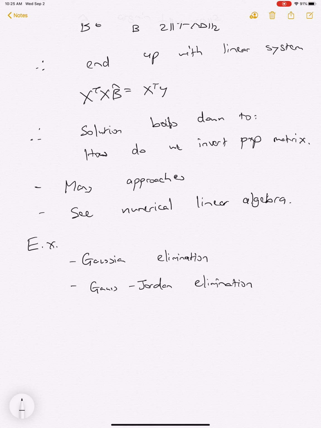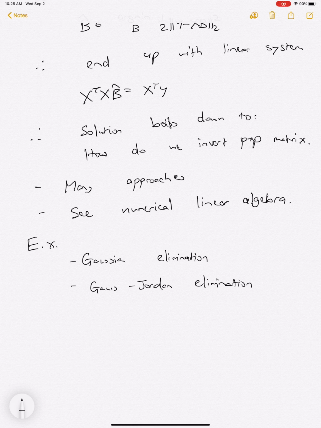This is Gaussian or Gauss-Jordan elimination because you create zeros in the matrix by taking linear combinations. That's a very standard approach for inverting these linear systems, and there are many more.